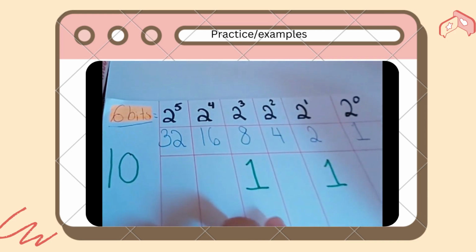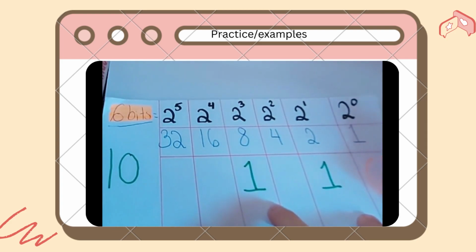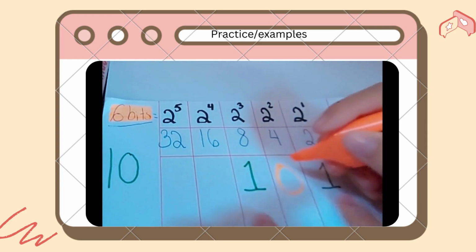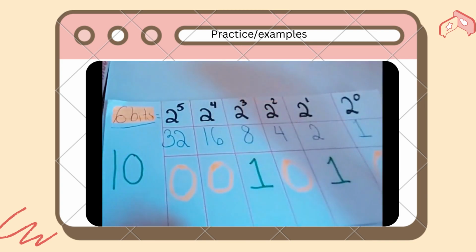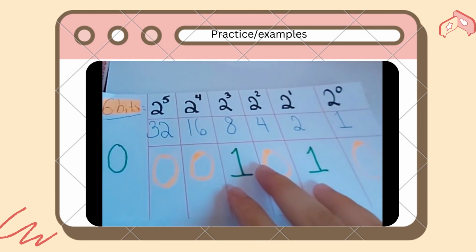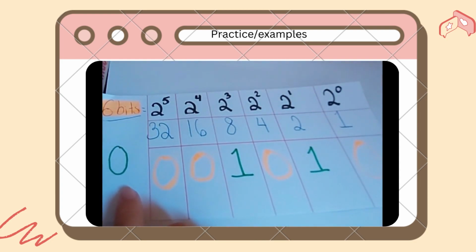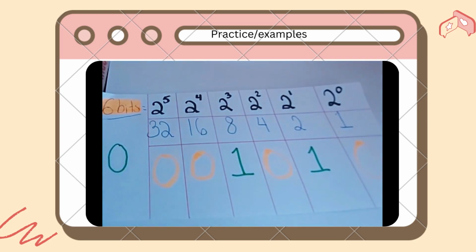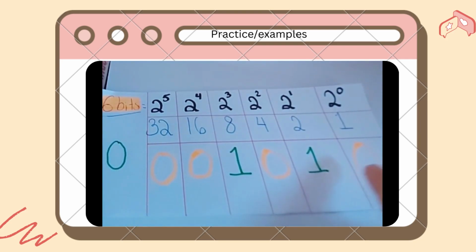All the rest of the numbers that you do not need will turn into zeros. Therefore, we can conclude that the number 10 has the binary code of 001010.